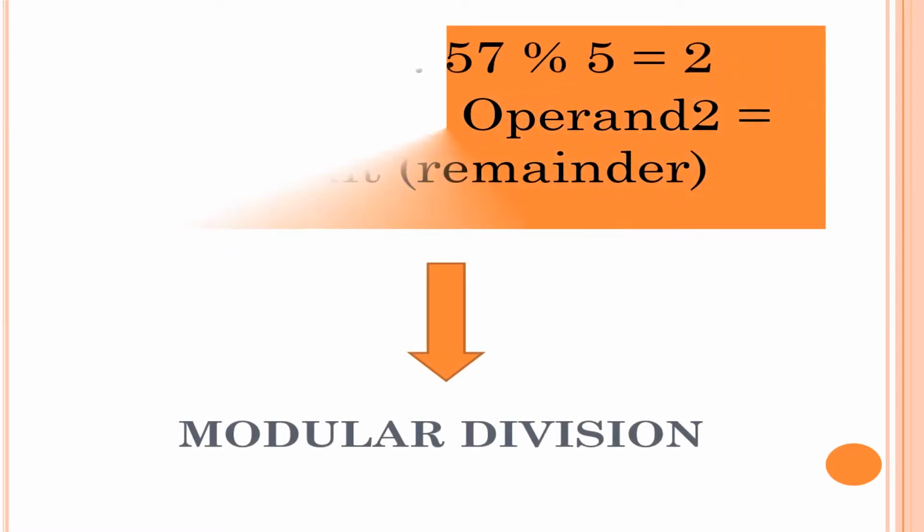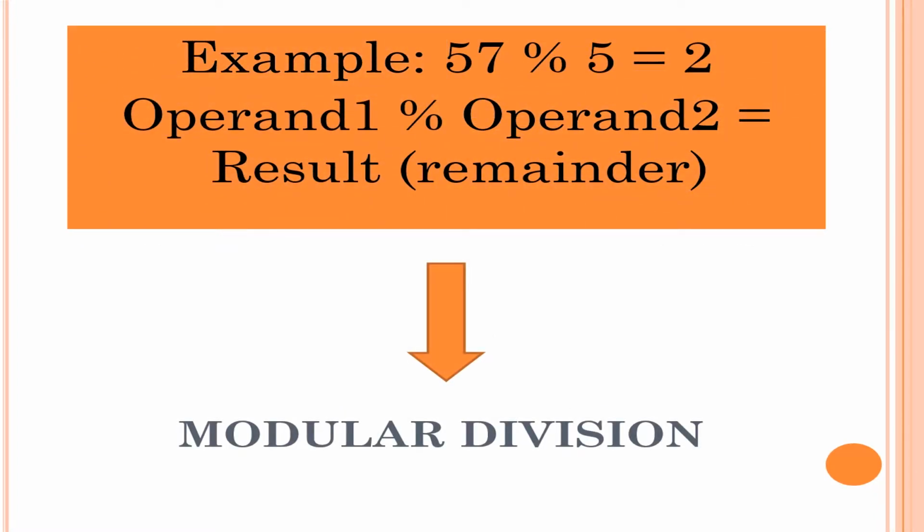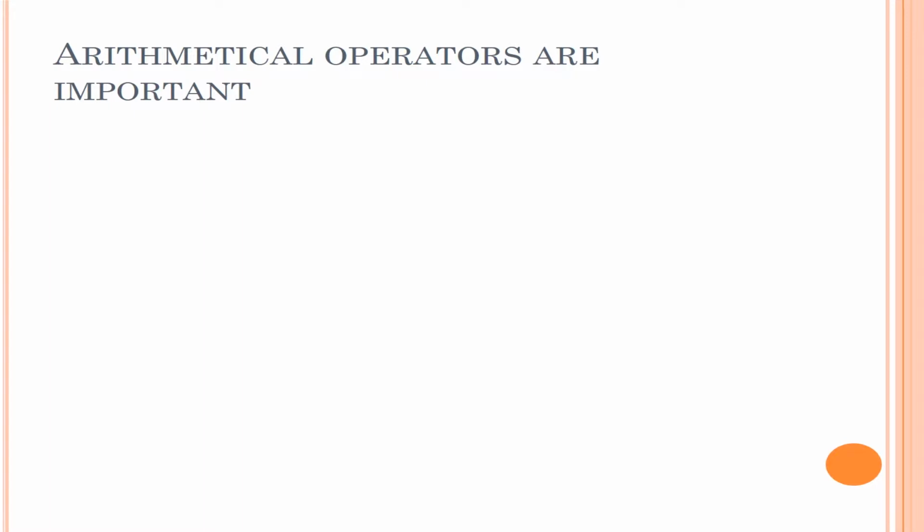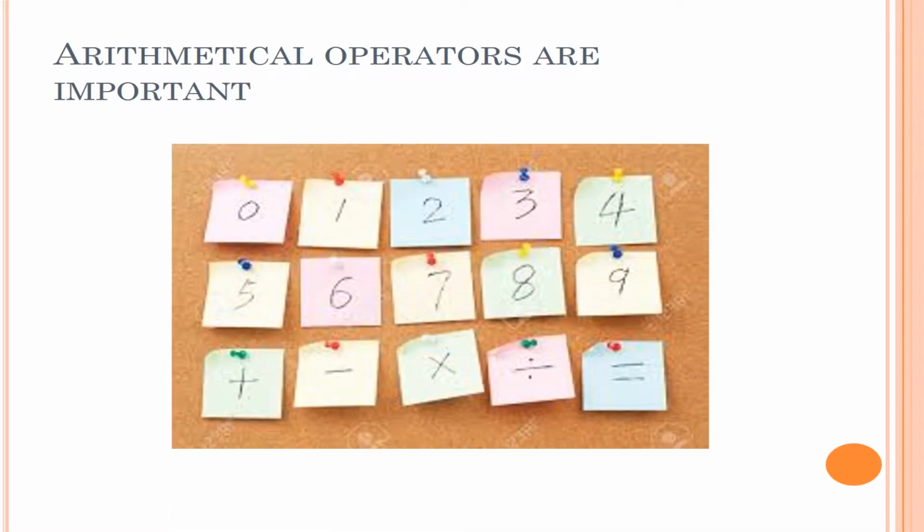In modular division, the operation divides two operands and returns the remainder of the division operation as a result. It is also termed remainder division. In the example, 57 is divided by 2 and 5 is the remainder. Arithmetic operators are of utmost importance in programming languages to handle operations on routine data.